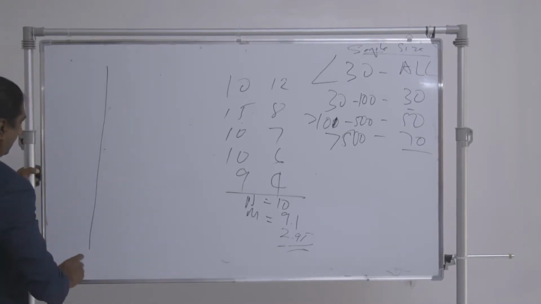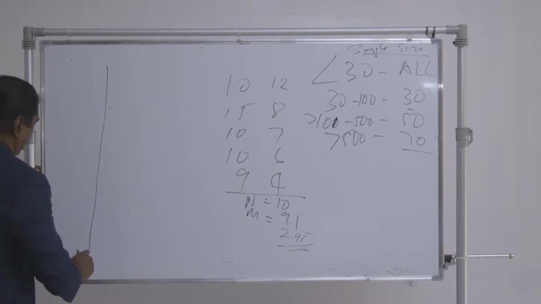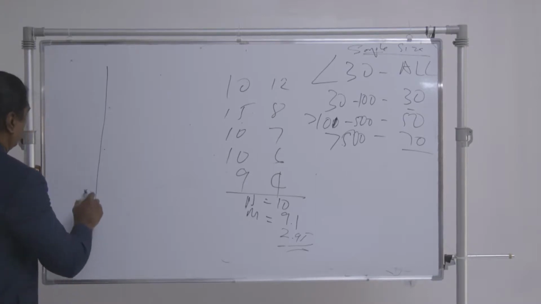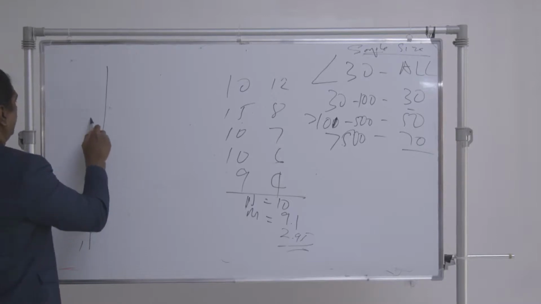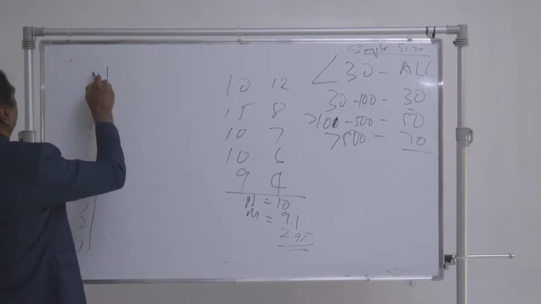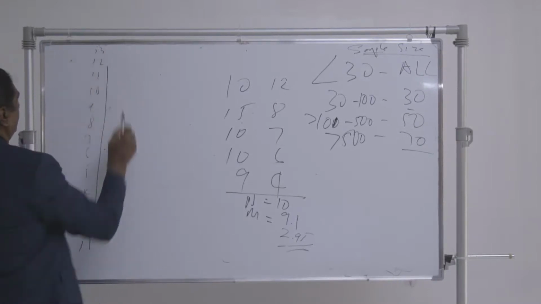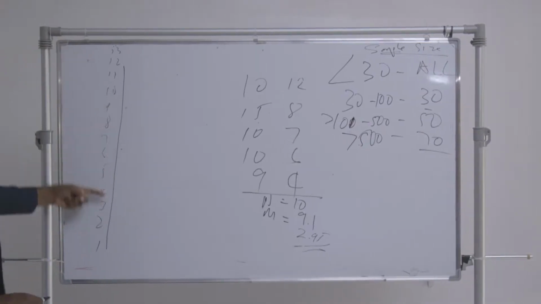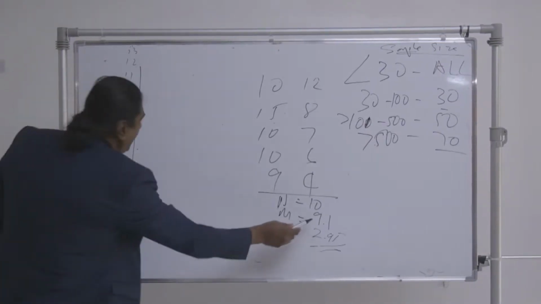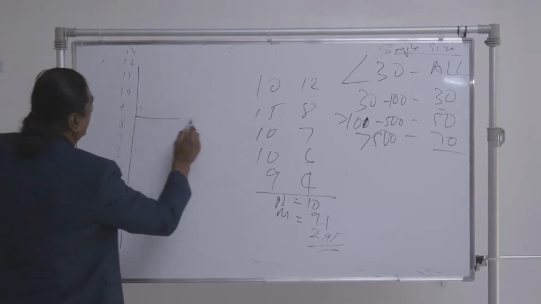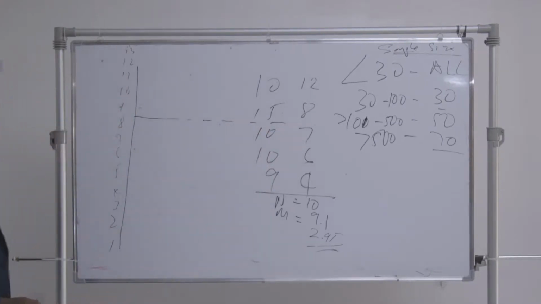Okay, so if you go from 1, 2, 3, 4, 5, 6, 7, 8, 9, 10, 11, 12, 13, 14, we plot that. We got a mean of 9.1. That's your mean.